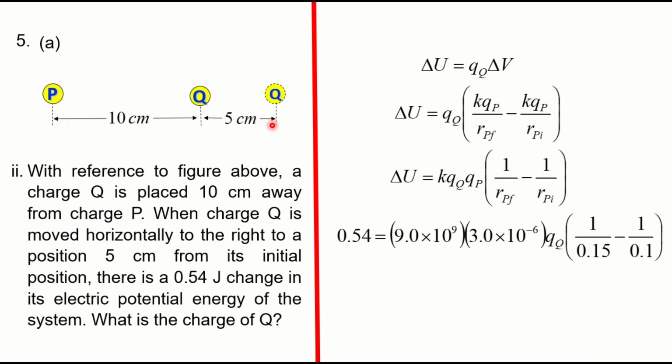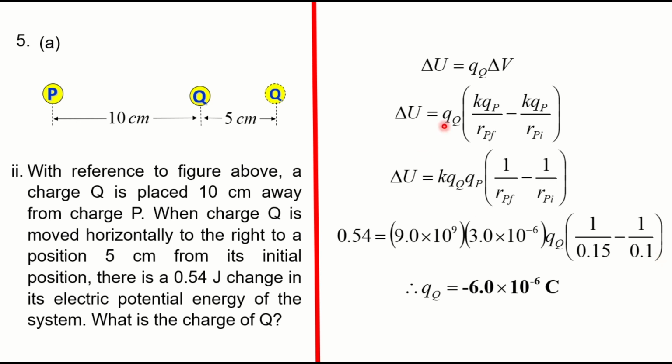P to final is 15 cm, and P to initial is 10 cm, which is 0.1 meter. So we get charge Q equals negative 6.0 times 10 to the power of negative 6. So it's a negative charge.